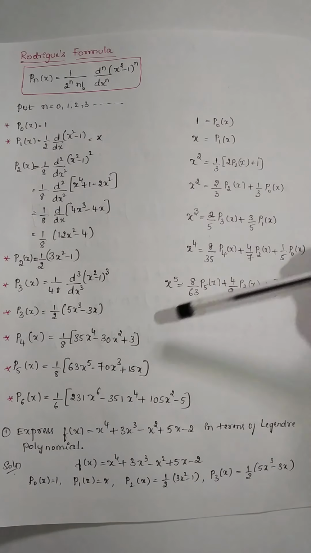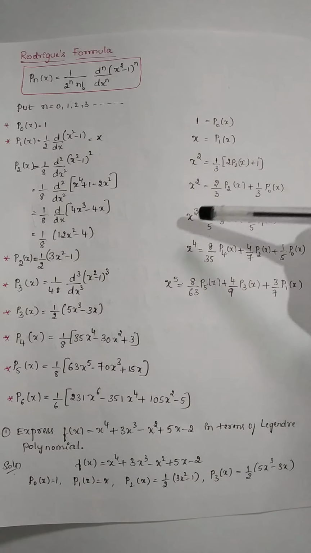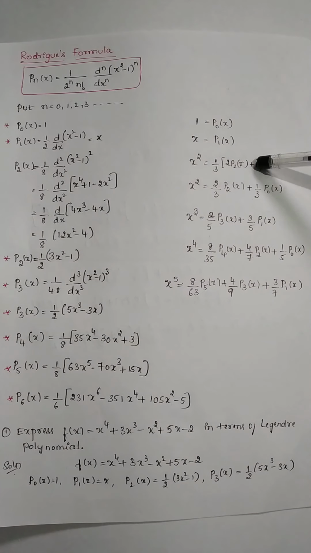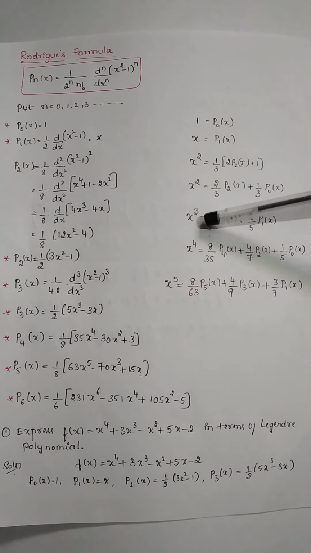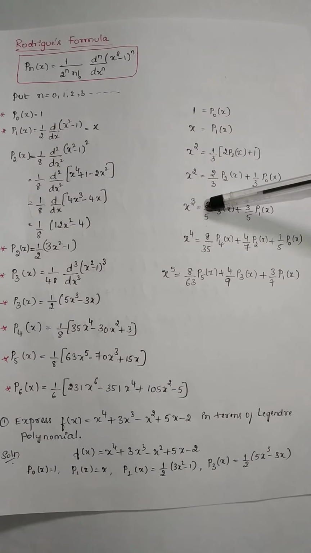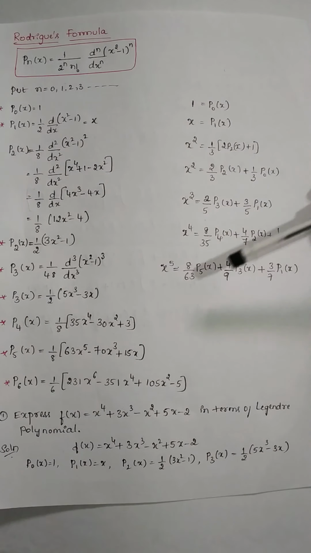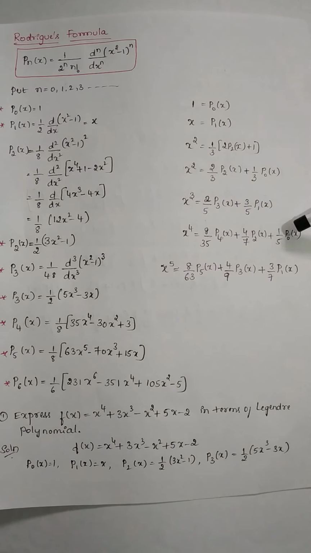In the same way, by using the P3 of x expression, you need to solve for x cube. After solving for x cube, if 1 is present, you need to write it as P naught of x. Here 1 is not there, so x cube is equal to 2 by 5 P3 of x plus 3 by 5 P1 of x. But in P4 you will get 1, so that you write as P naught of x.